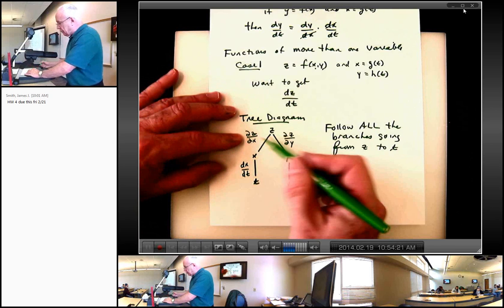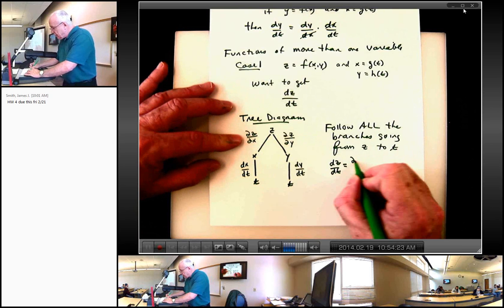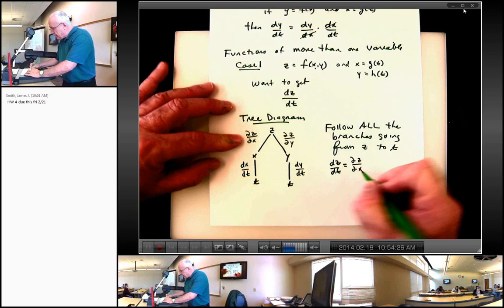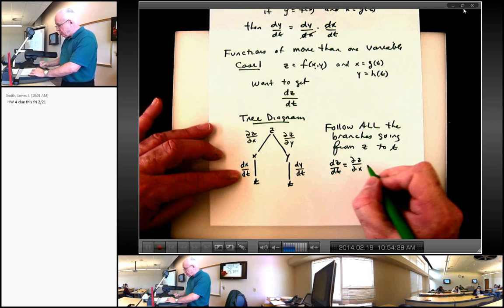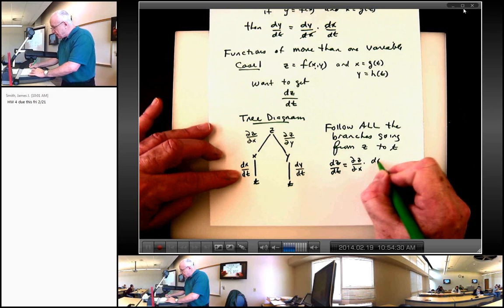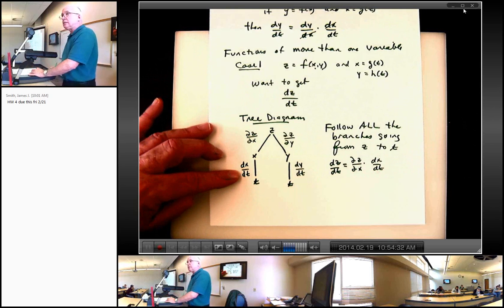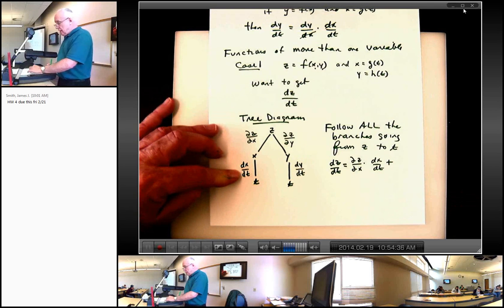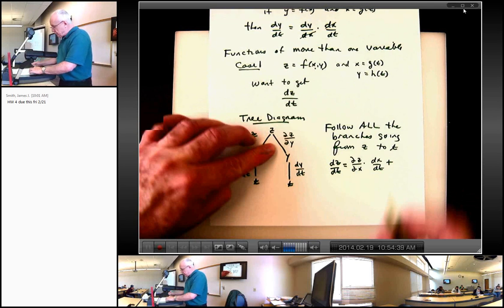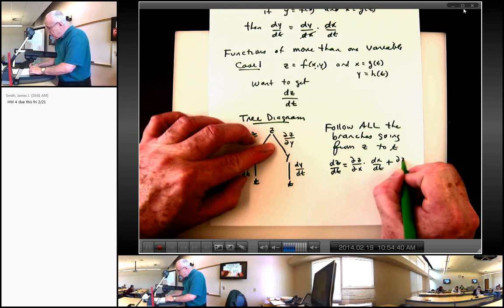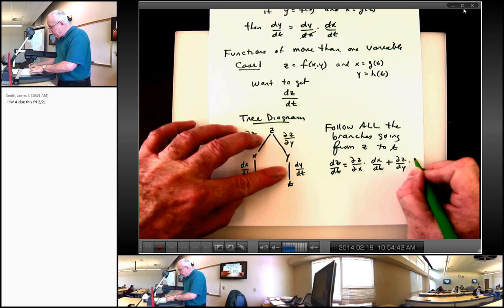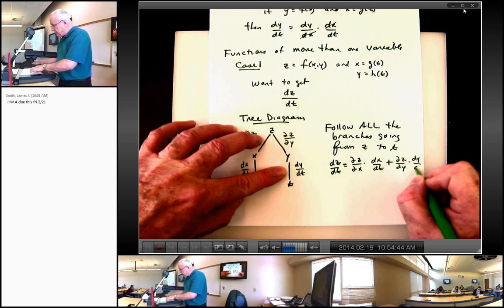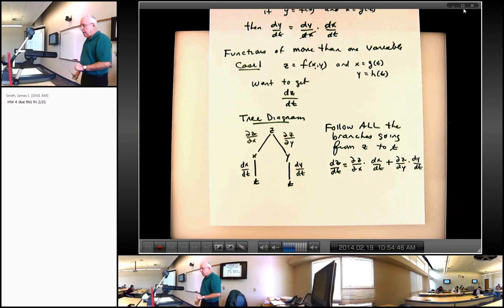Well, let's follow the left-hand branch. We've got partial z partial x, and then we move down times dx dt. That's the first branch. Then we put a plus sign, and now we move down the other branch. Partial z partial y times dy dt. And that's our answer.